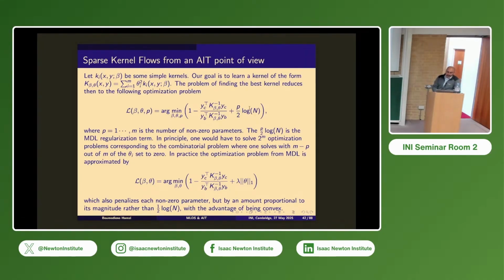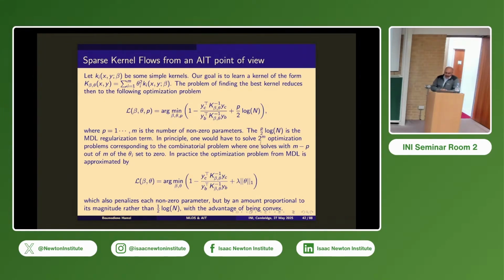So if we have a kernel that contains a lot of elements, a sum of theta i squared k_i(x, y) parameterized by beta, the method of sparse kernel flows recommends taking the argmin over beta, theta, and P of the following criterion. We show that it comes through compression arguments, but this would require solving 2 to the power m optimization problems.